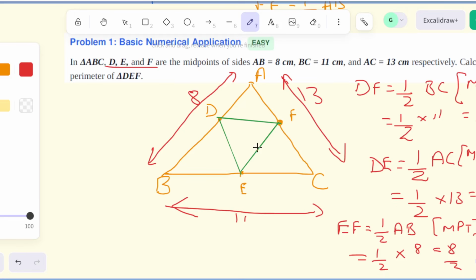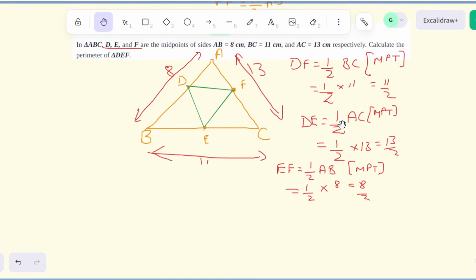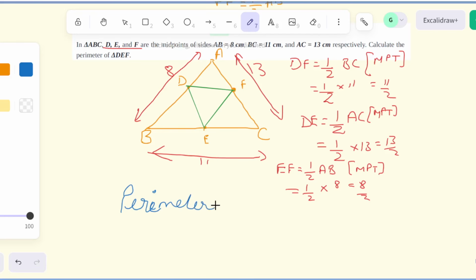Now perimeter means what? Perimeter means sum of all the sides, right? So the perimeter of triangle DEF, because they ask us to calculate the perimeter. So perimeter of triangle DEF will be equal to DE plus EF plus DF, all the sides, right?